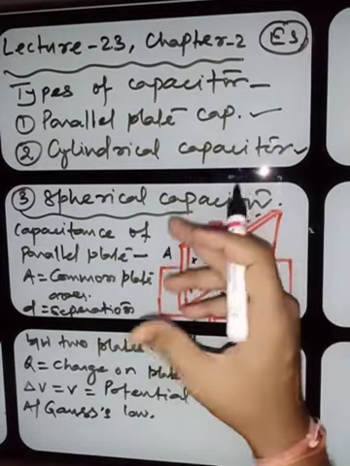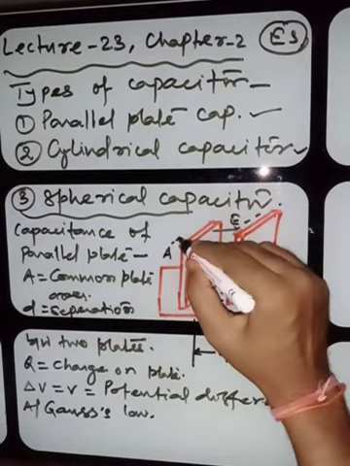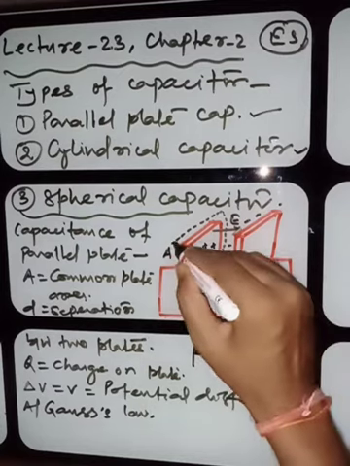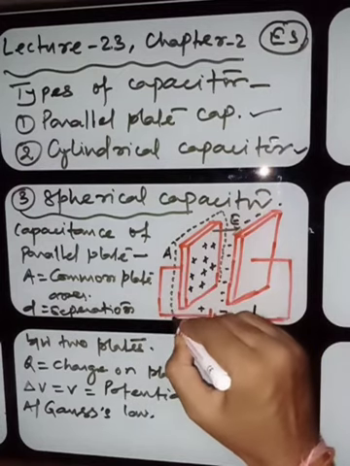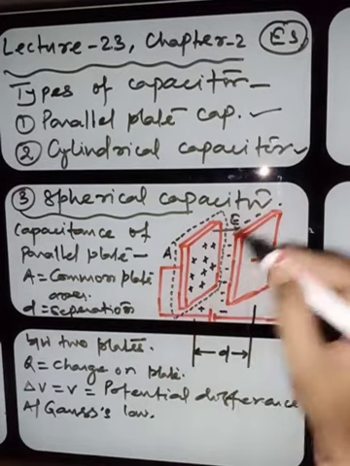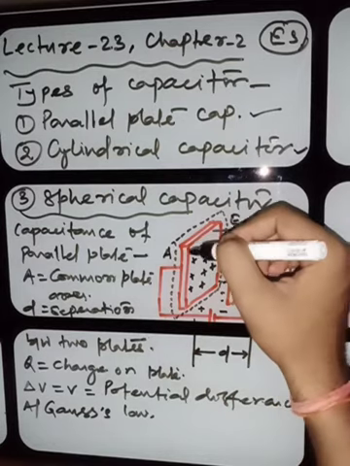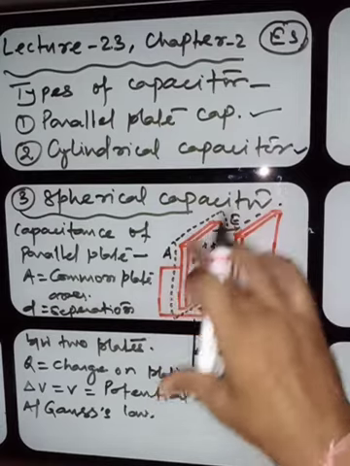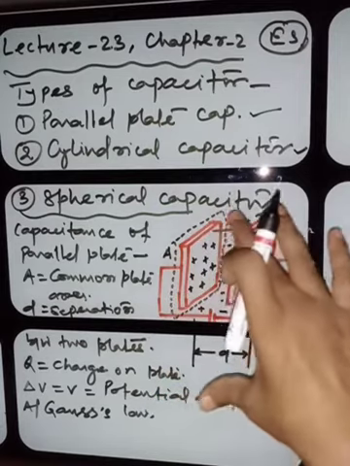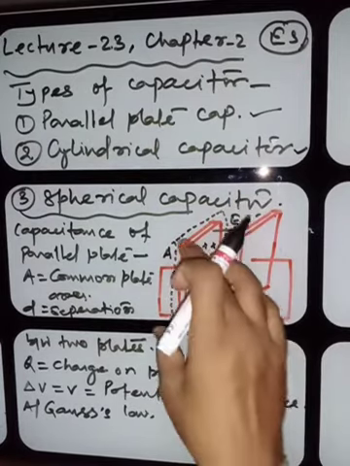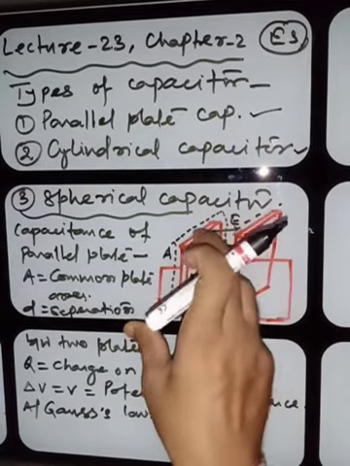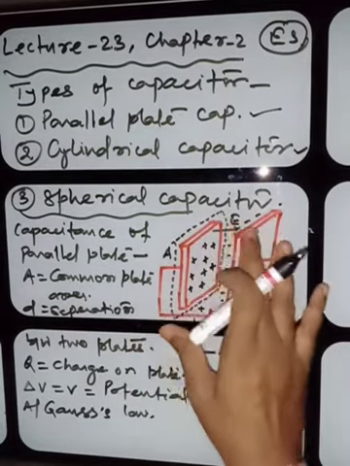Just near the plate I am drawing a Gaussian surface with this black marker. It means the surface area of the enclosed Gaussian surface will be equal to the area of the plate, the common area of the plate.